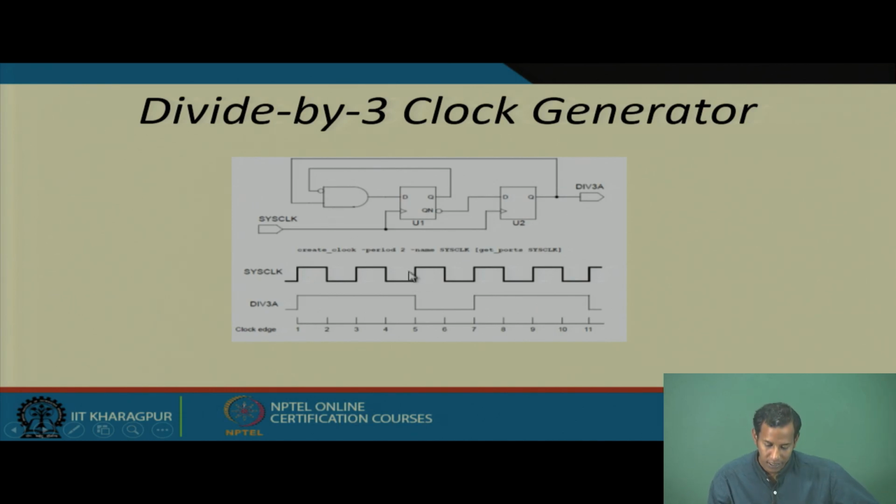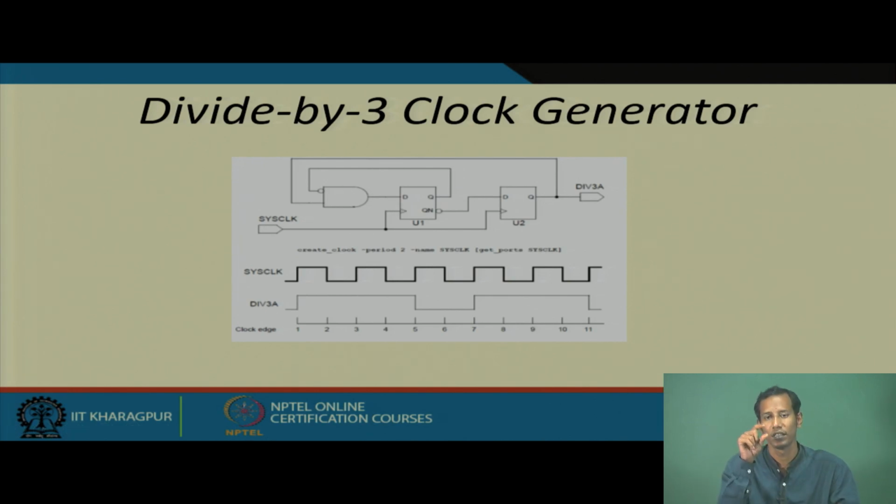Whenever it counts this 2 over here, it will make the sequence 0, then again 0, 1, 2 you count, and then again you make it 0, or instead you can make it as an FSM kind of thing.